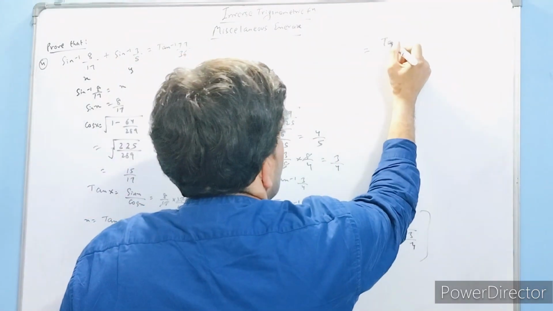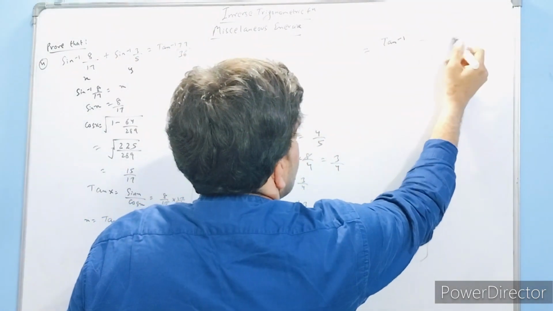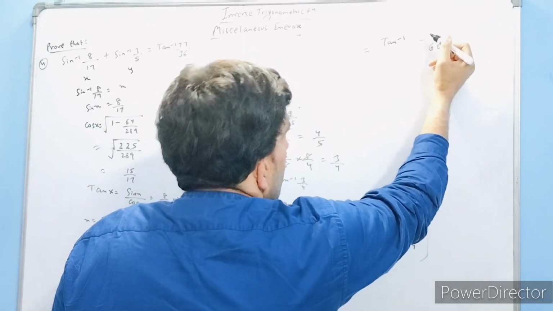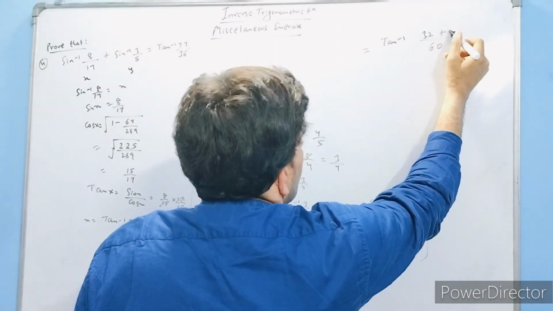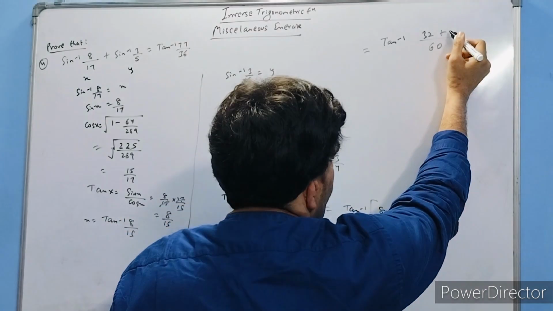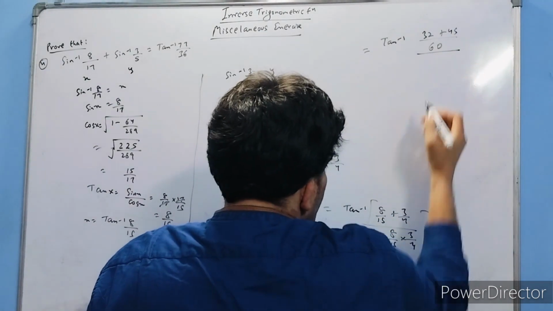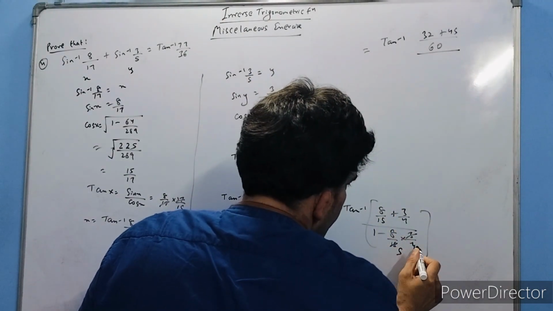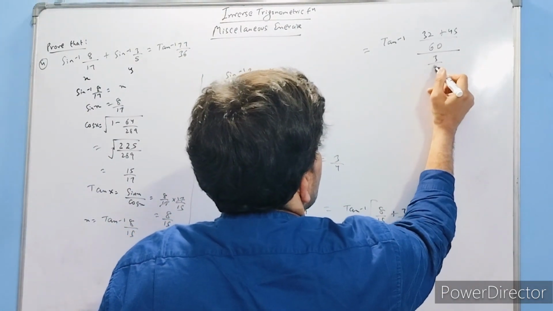So let's try to put the values here. It will be tan inverse, we have 8 upon 15 plus 3 upon 4, that is 32 plus 45 upon 60, over 1 minus 8 upon 15 into 3 upon 4, that is 1 minus 2 upon 5.